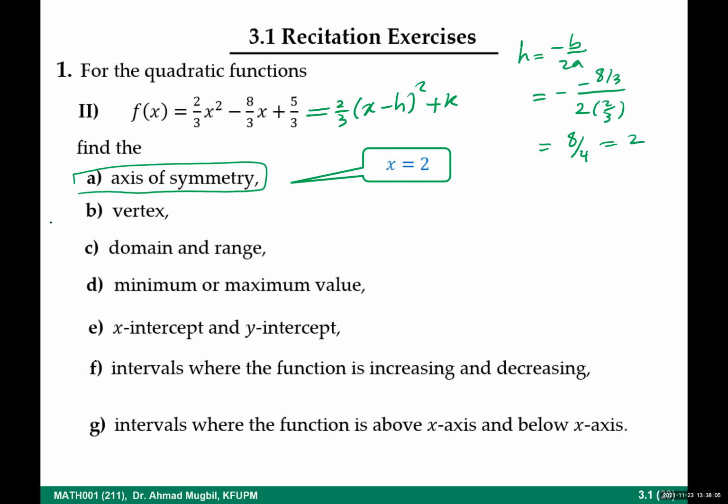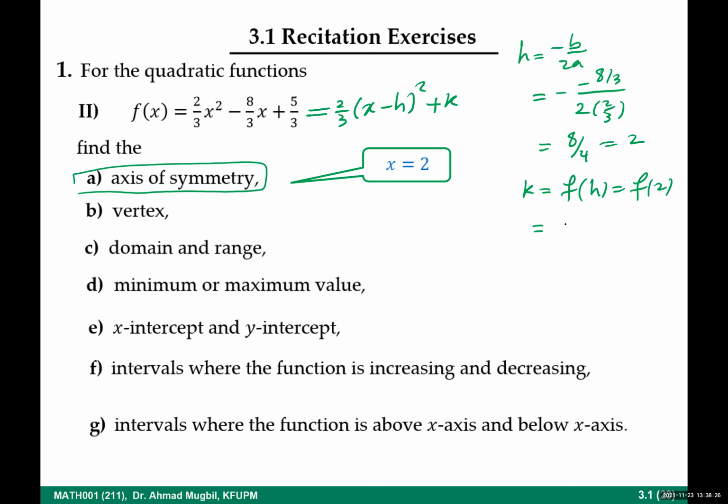Now, can you answer part B? What is the vertex? It will be h and k. You have h. How to find k? You can use c minus b squared over 4a, or it is f at h, which is f at 2.